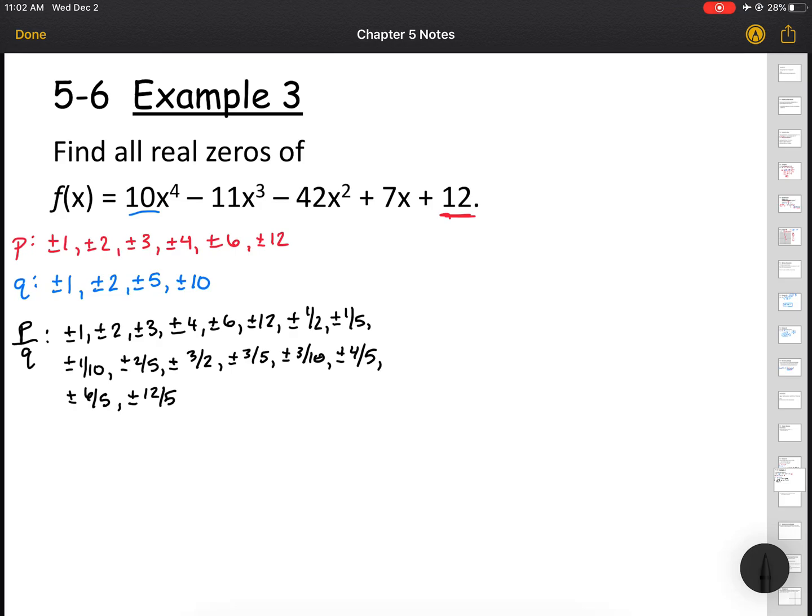And these are all simplified. I don't need to go through and simplify them anymore like we did in the last one there.